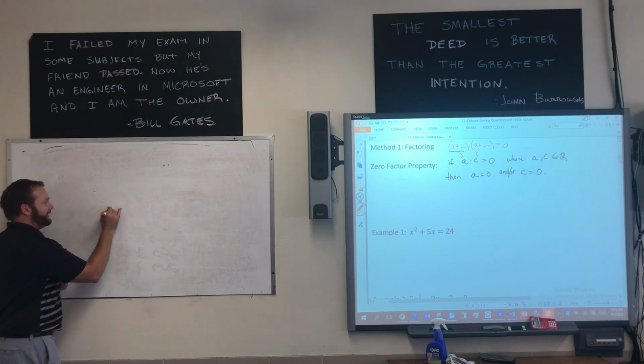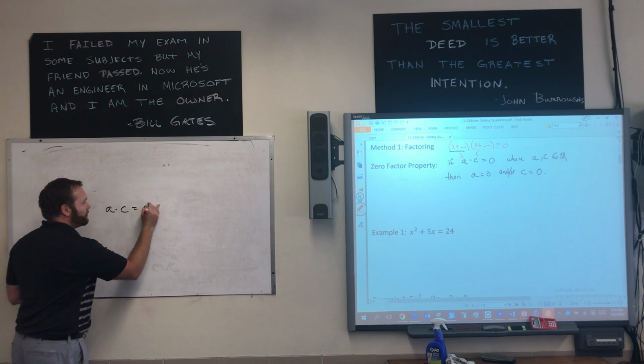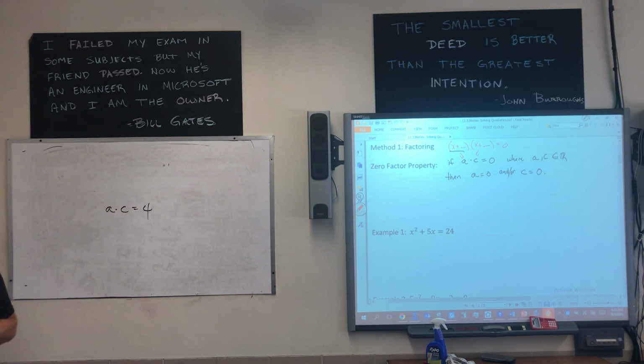But if I say something like a times c equals 4, you cannot narrow down and tell me exactly what a has to be or exactly what c has to be. Does that make sense? Like you can with it being equal to 0. Because if I tell you two numbers that multiply together give you 0, we know one of them has to be 0.